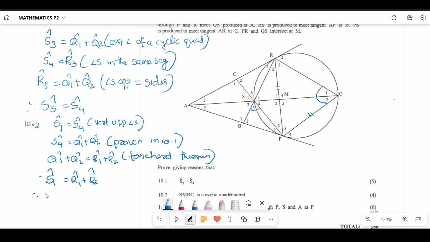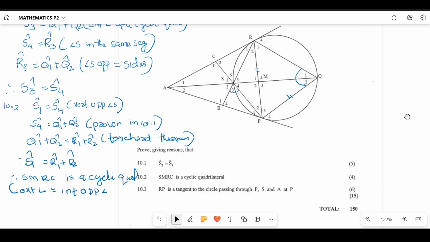Therefore, SMRC is a cyclic quadrilateral. The reason is exterior angle equal to the interior opposite angle. That is why. So this is the exterior angle, it's equal to the interior opposite angle. Therefore, it's a cyclic quadrilateral.